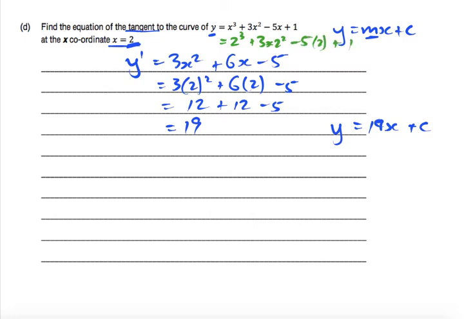So that gives me 8, and 4 times 3 is 12, 20, minus 10 is 10, plus 1 is 11. So we have the point 2, 11 as my coordinates, so I can now put this in the equation for the tangent. 11 is your y value, and I've got equals 19 times 2 plus c, that's 38. So we subtract 11 minus 38 to give us our c value, and our c value is negative 27.